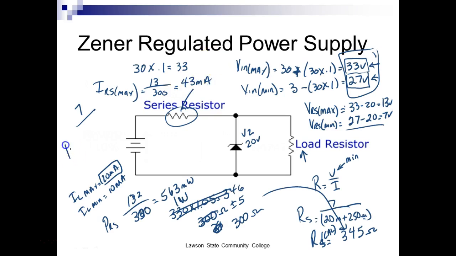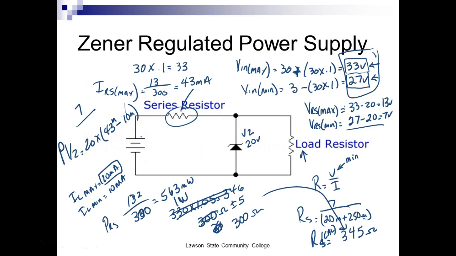So the power of my Zener, VZ, is going to be equal to 20 volts, the size of the Zener, times the maximum current flow in the circuit minus the minimum current flow through the load. This is milli, by the way. So it's going to be 20 times 33 milli. What's that?